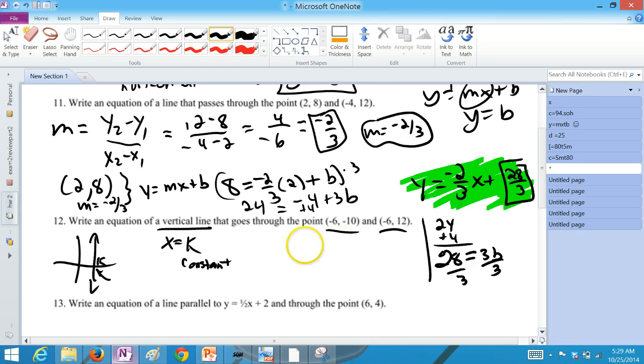They give you 2 points, (-6, -10) and (-6, 12). If you were to plot those 2 points, you'd be at (-6, -10), and also at (-6, 12), somewhere up here. That vertical line is the line x equals negative 6. Okay.